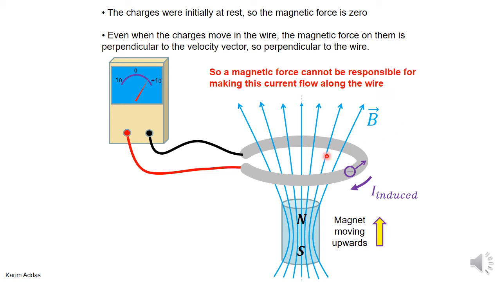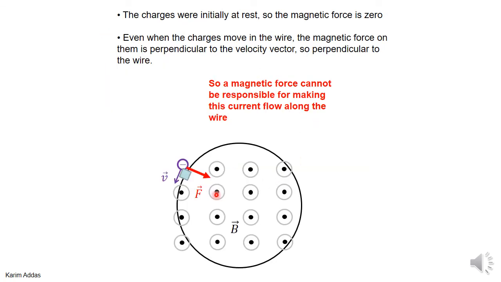If you want to just think about this, imagine looking at this loop from above, looking down. What you see is the magnetic field coming towards you. This is the loop. And the charges that are moving in the wire, let's say this is the velocity vector. Remember, what's the magnetic force on a charge? Q V cross B. Now, V cross B is always perpendicular to V. Right? The cross product between two vectors is always perpendicular to each vector.